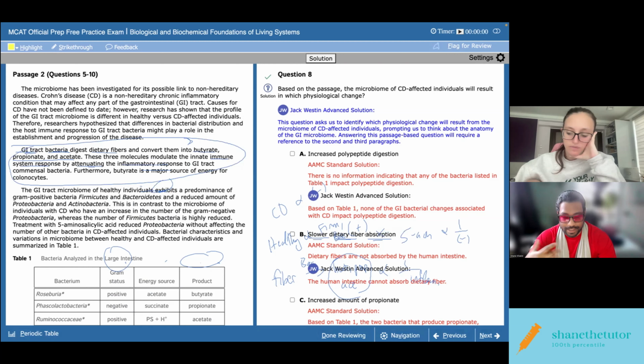It's a good trap answer choice because if fiber is broken down into this stuff by the bacteria, and you don't have the bacteria, or your microbiome is messed up if you have CD, then it wouldn't change the rate at which it's happening, right? So those are the three reasons: absorption and the fiber being absorbed, and the rate, the speed of the reaction.